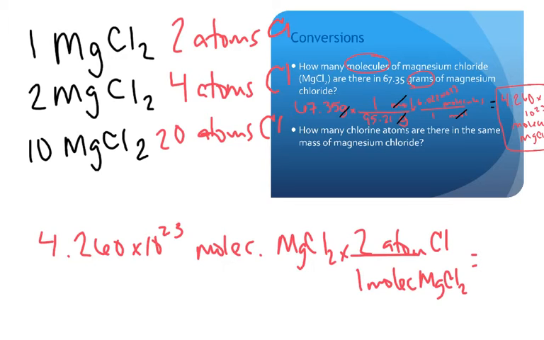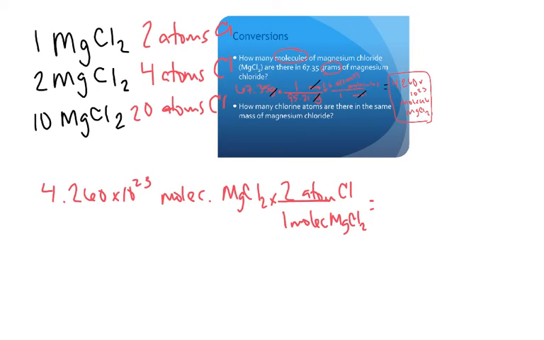Therefore, all we have to do is multiply our answer by 2 from before to get our answer to the second problem. And so our answer to the second problem with 4 significant figures would be 8.520 times 10 to the 23rd chlorine atoms.